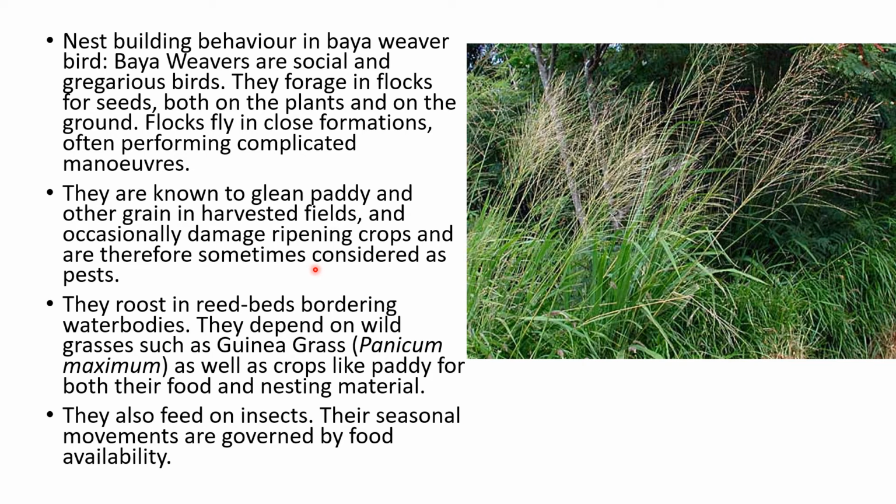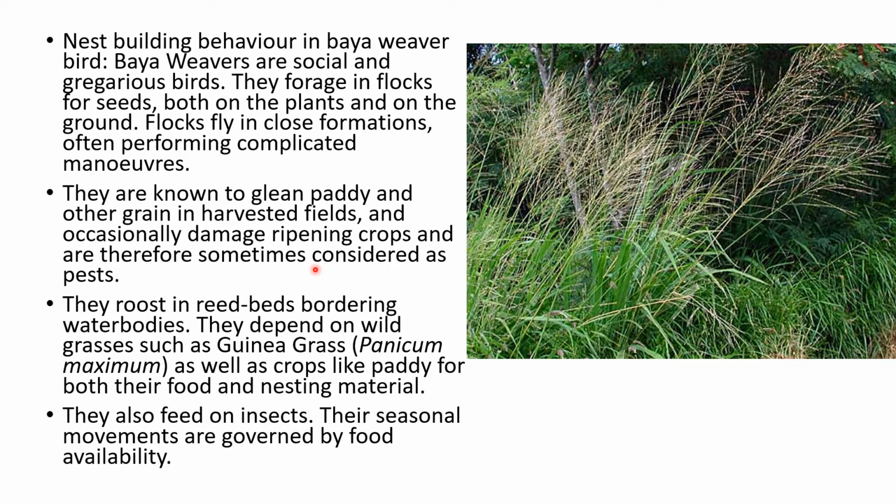The first example that we consider here is the baya weaver bird. Baya weavers are social and gregarious birds. They forage in flocks for seeds, both on plants and on the ground. Flocks may fly in close formations, often performing complicated maneuvers.